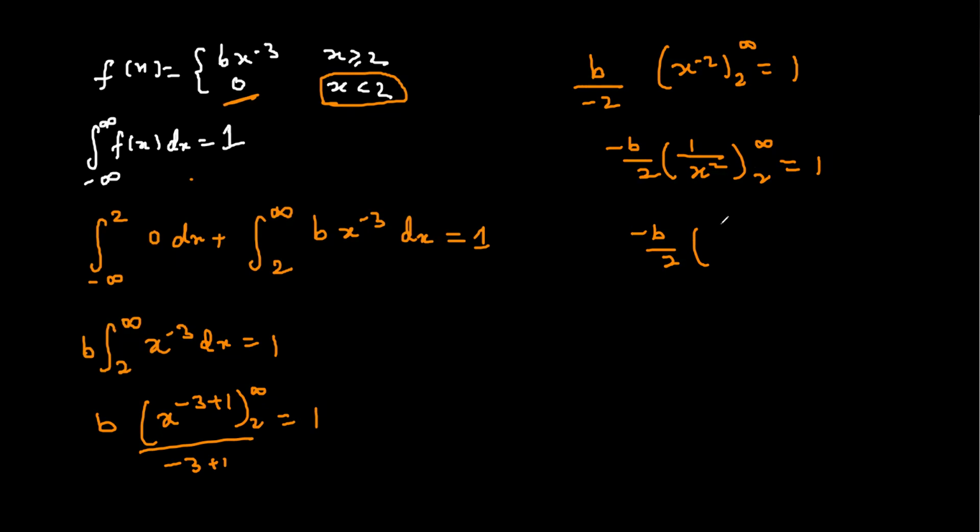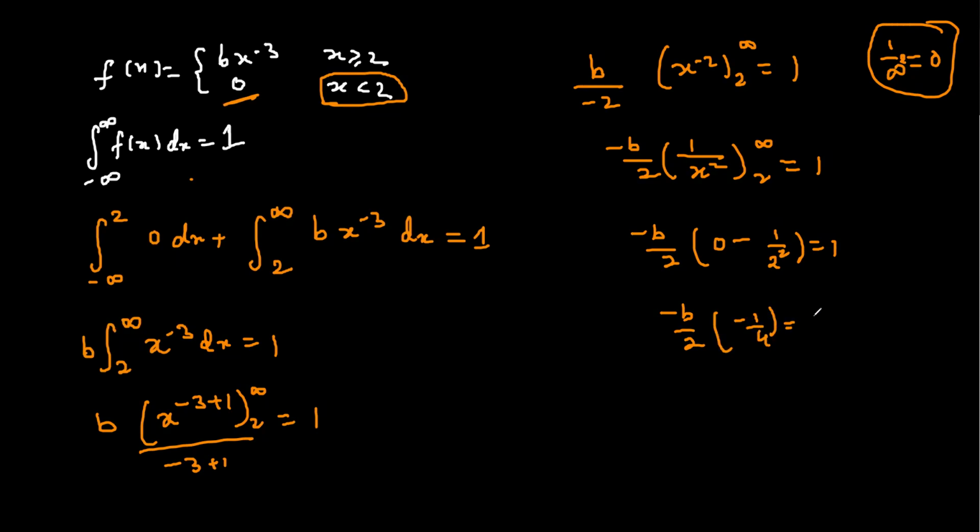When you put infinity, you will get 0, because 1 upon infinity squared is always 0. Then minus 1 over 4, so b over 8. So the value of b will be 8.